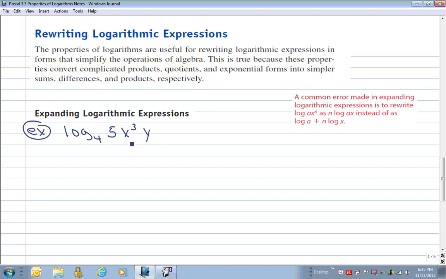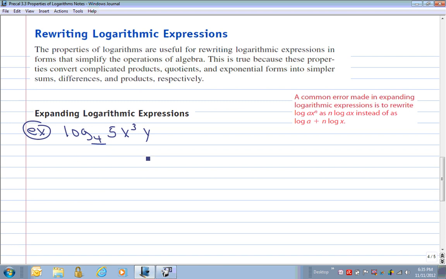All of that is multiplication. The 5 times the x cubed times the y is all multiplication. So as in our product property, we're going to separate that, give each component of this the same base 4, and expand it by putting addition in between each term with its own base.